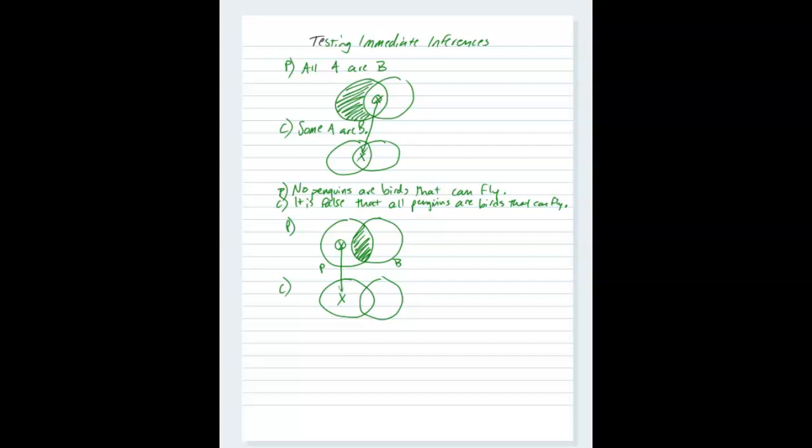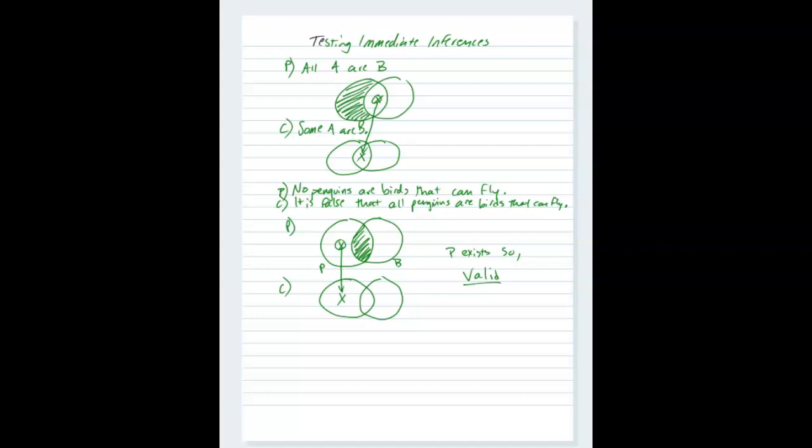So the diagram represents conditional validity, just like it did above, on the condition that the X represents something that actually exists. So the next step is to ask yourself, does the circle on the left represent something that exists? Well, the P circle represents penguins, and penguins exist, so this is a valid argument.